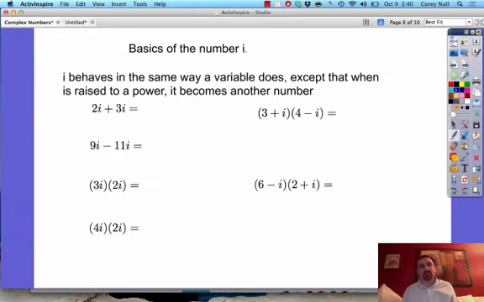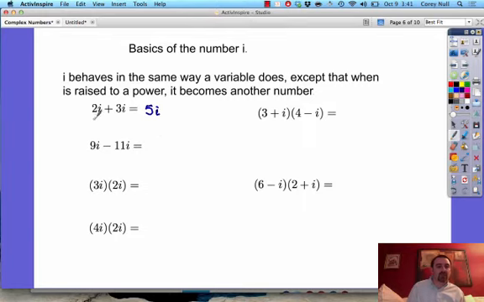Alright, here's some basics of i. i behaves in the same way a variable does, except when you raise it to a power, it changes, it becomes something new. So we want to think about i as behaving just like a variable. If this were 2x plus 3x, this would become 5x. So 2i plus 3i is 5i. Okay?